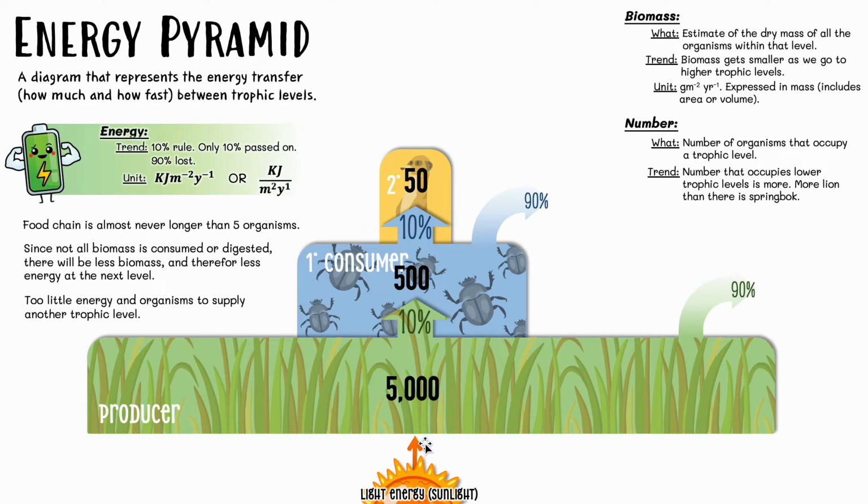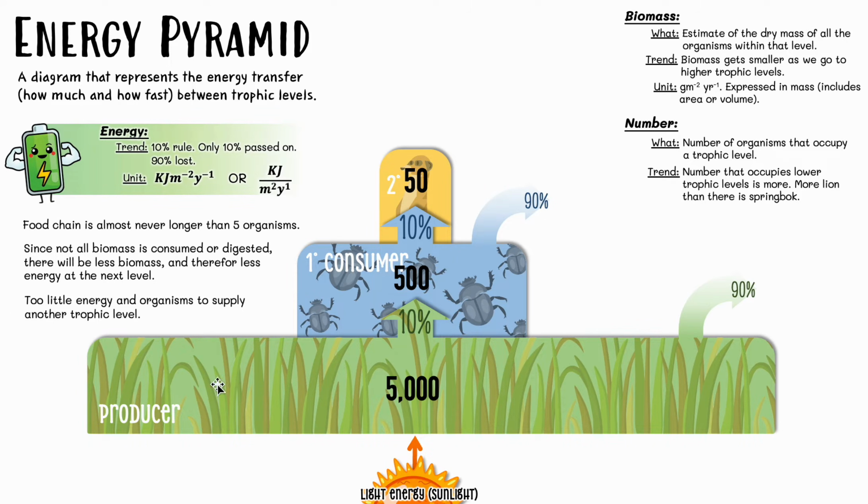You can actually imagine that ecosystems that have more sunlight will be able to produce more autotrophs or more producers, because the more sunlight, more plants are happy, more energy will be in this layer of the trophic level.